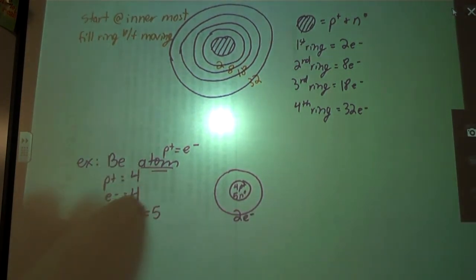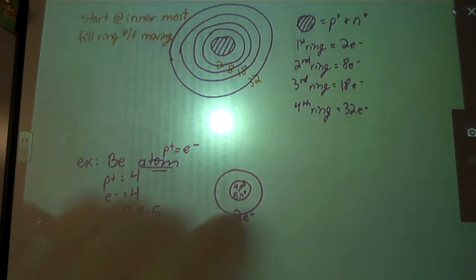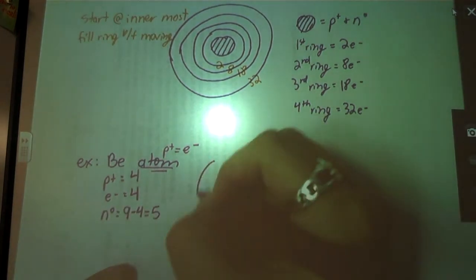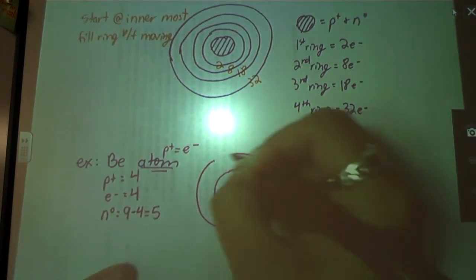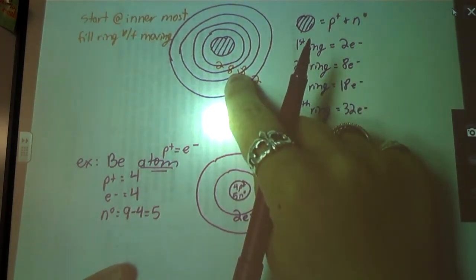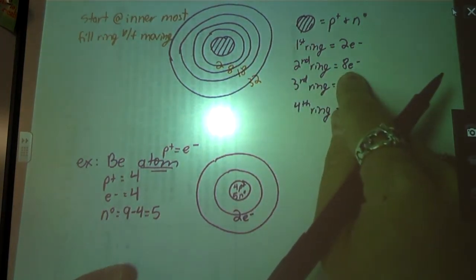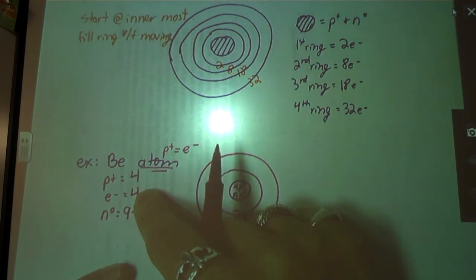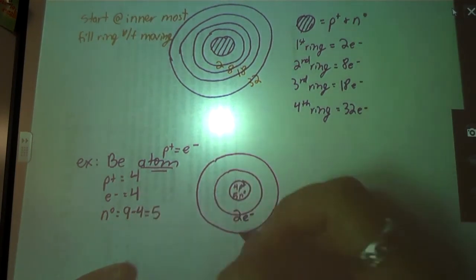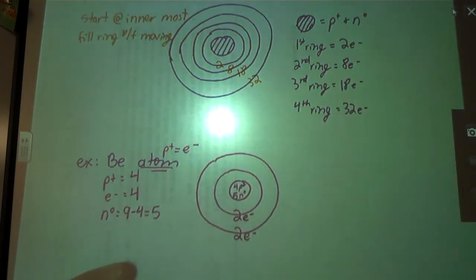I need to get up to 4. I have placed 2, so I gotta keep going. My next ring can hold 8, but it doesn't have to. I don't have 8 more electrons. I only have 2 left. So those 2 electrons will go on that second ring.